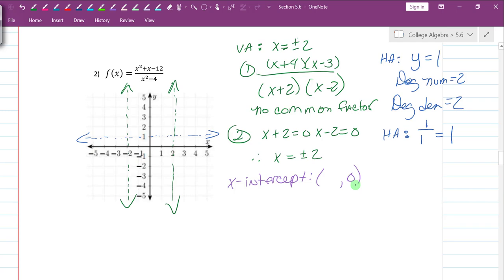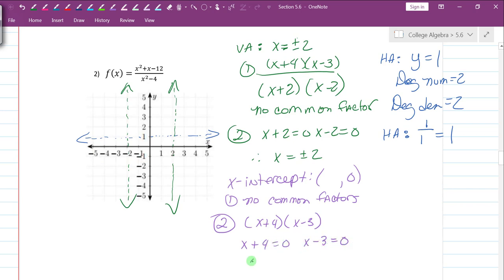There are no common factors. So number 1 says no common factors. Step 2 says we look at the numerator and we set it equal to 0. So I have the numerator is x plus 4 and x minus 3. So I'm going to set each factor equal to 0 and solve. So x is equal to negative 4 and x is equal to positive 3.